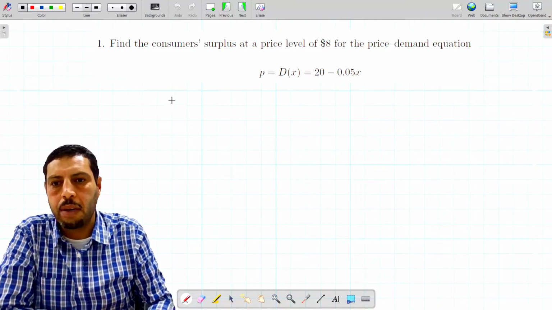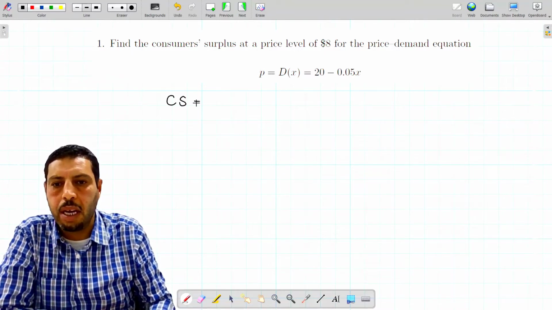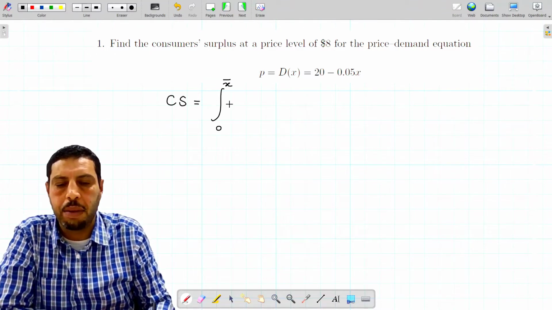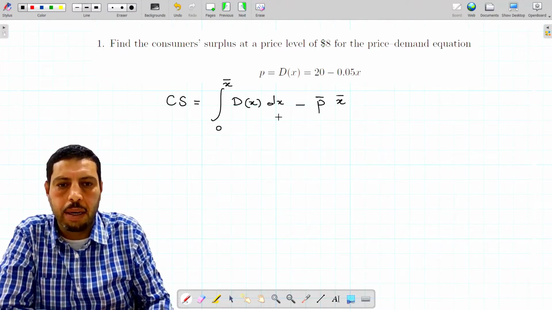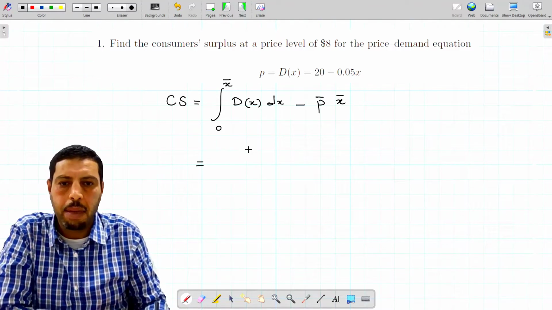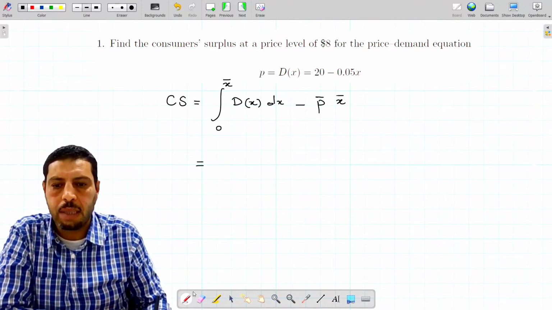First of all, a quick reminder about the consumer surplus formula. It's equal to the integral between 0 and x bar, the given point (x bar, p bar), of d of x dx, minus p bar times x bar. Here, we don't know x bar, so we have to compute it.